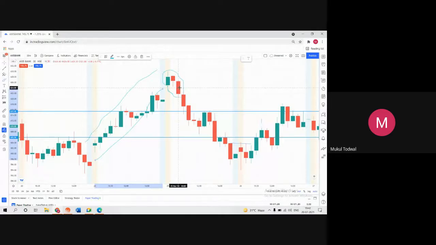Are you all with me till now? Yes, sir. If it would have been a green doji candle, then it would be an example of an evening star. But here the doji candle is red in color. That is why we call it a hanging man. Are you all clear with this? Yes, sir.